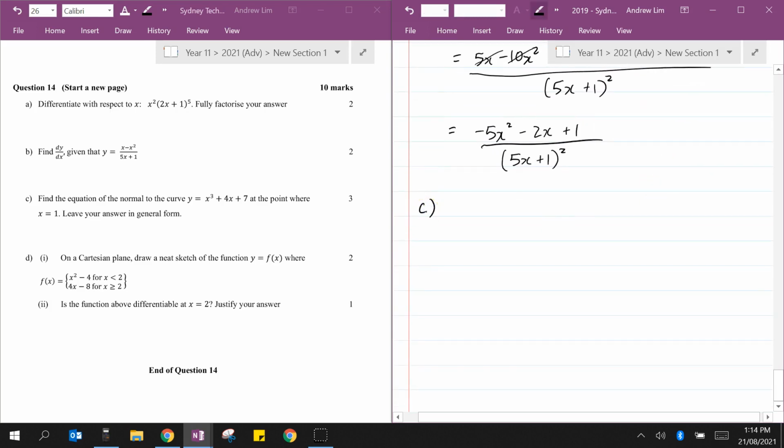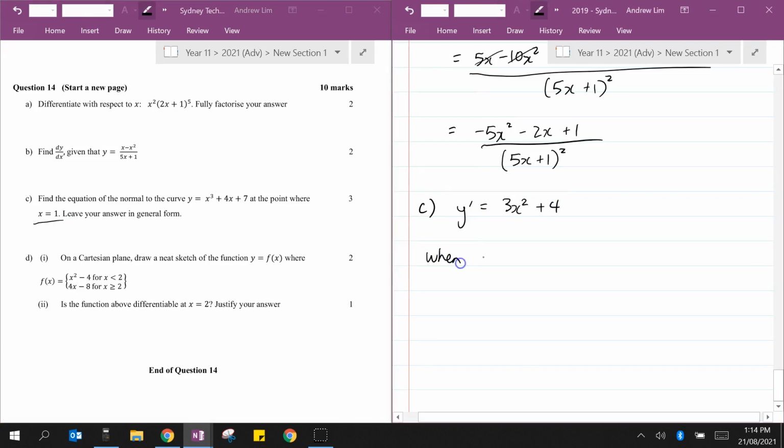Question C. Find the equation of the normal to the curve y equals x cubed plus 4x plus 7 at the point where x is equal to 1. Leave your answer in general form. So in order for us to work out the gradient of the tangent, we need to differentiate. So y dash is equal to 3x squared plus 4. We want to know the gradient when x is equal to 1.